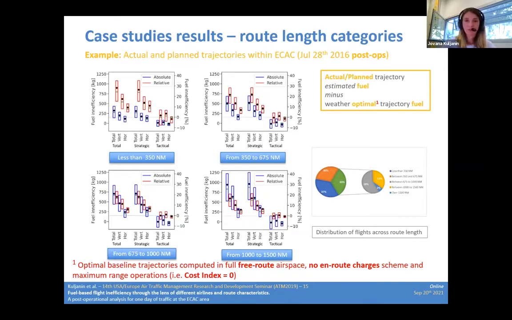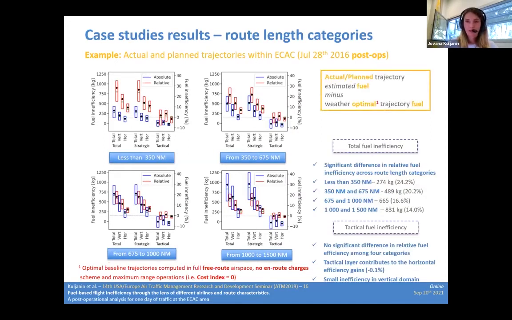Here is the distribution of the routes following their real length. So as we can see, around 37% of the routes operated within ICAG level are less than 350 nautical miles.